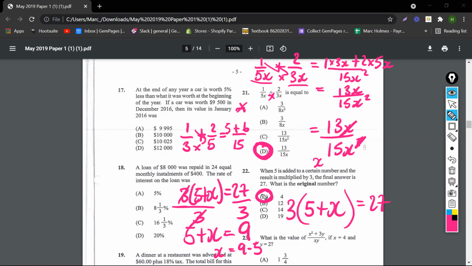This one always gives me issues with some students, so I just check in with you guys. Number 22, right? Yes, the answer is A, guys. The answer is definitely A. So ready to move on?